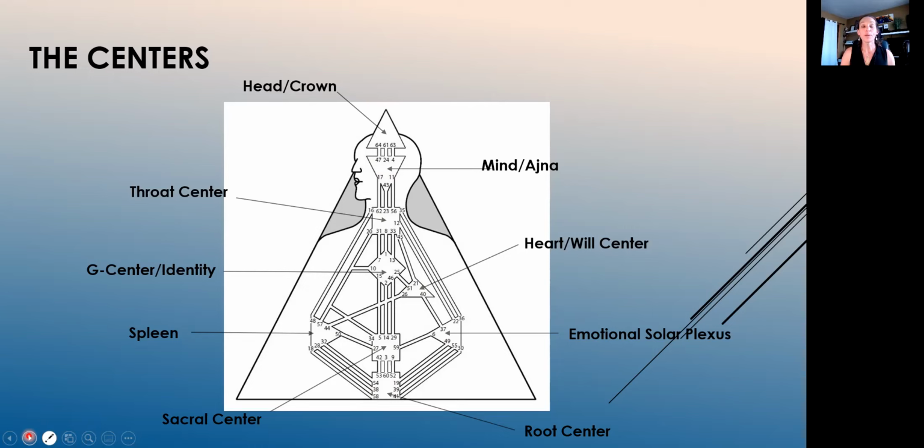So your open centers are the places where you will have the tendency to absorb and take in the energy of your outside environment and others around you. And it is the places where you will most likely be your not self. So it's really important to see on your chart which of your centers are open.